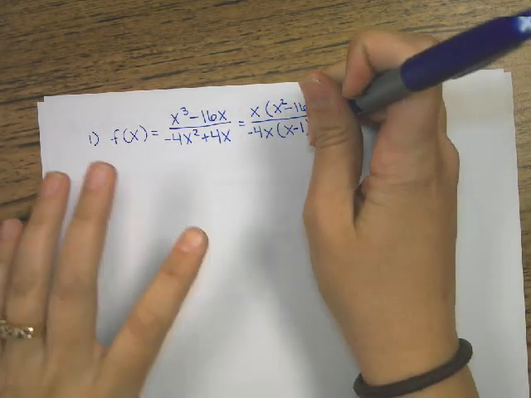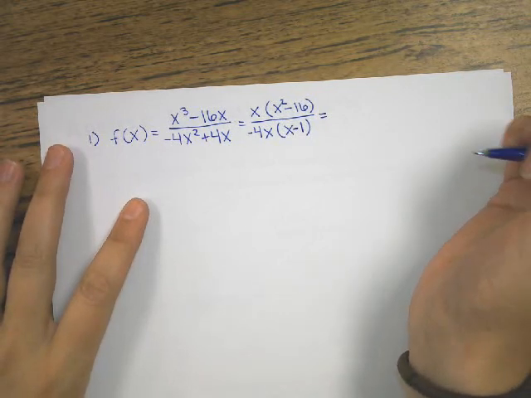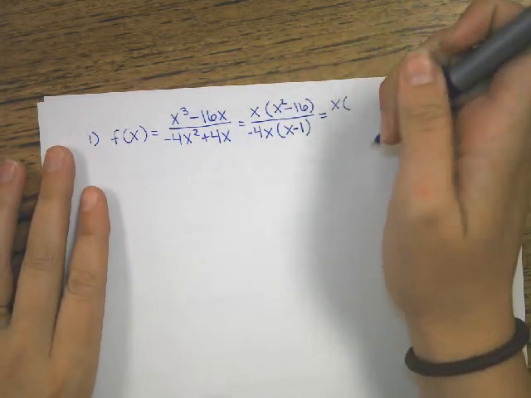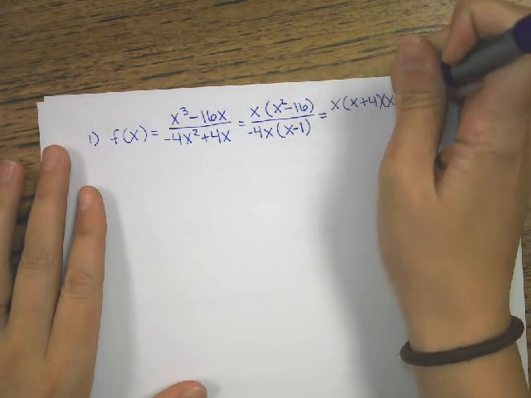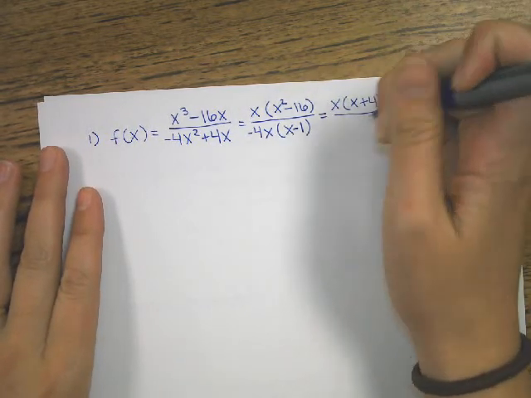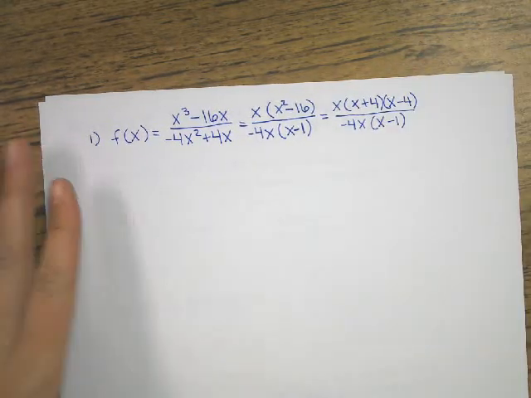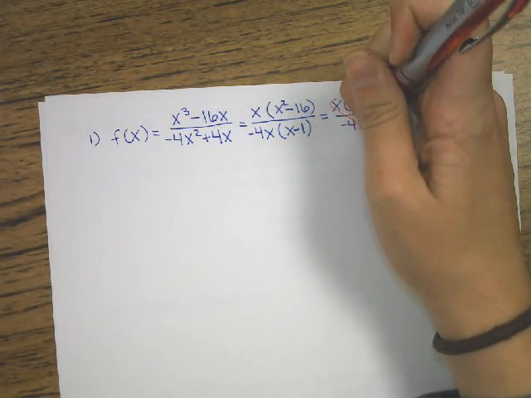Okay. I don't want to cancel anything yet. I'm going to keep everything as I go. So I can go ahead and factor that as well. So x squared minus 16 will factor as x plus 4 times x minus 4. That's the difference of squares. On the bottom, I have negative 4x times x minus 1. So the only factors that I see that cancel would be these x's.